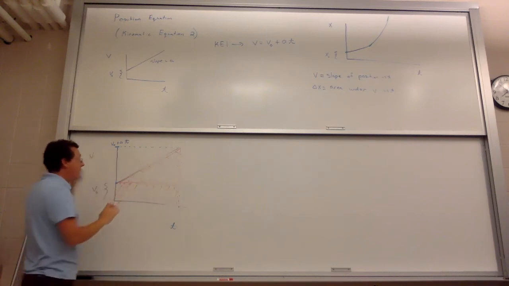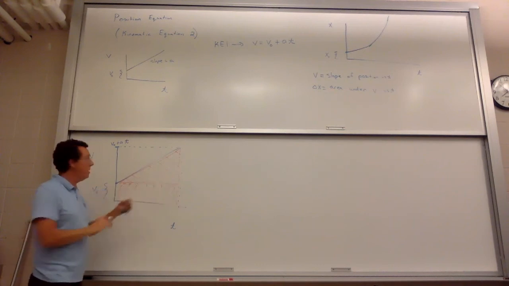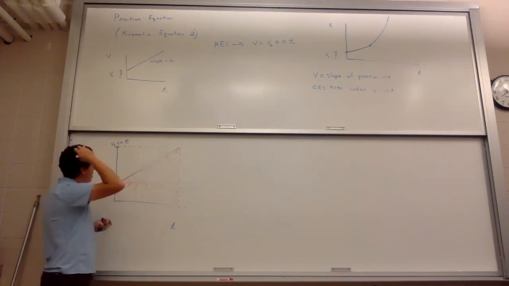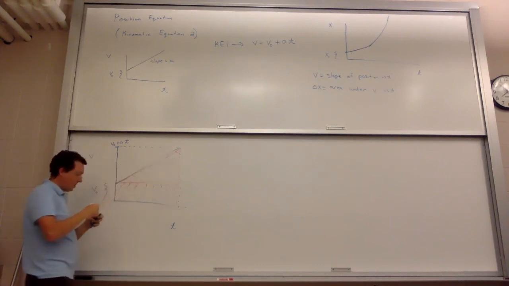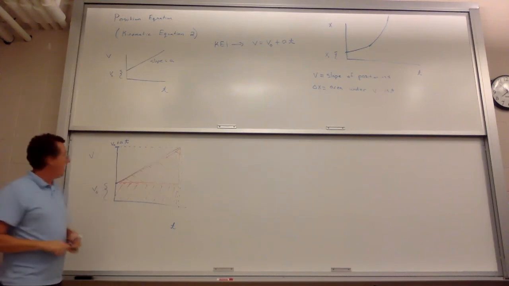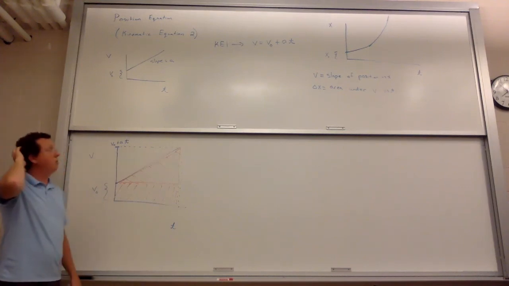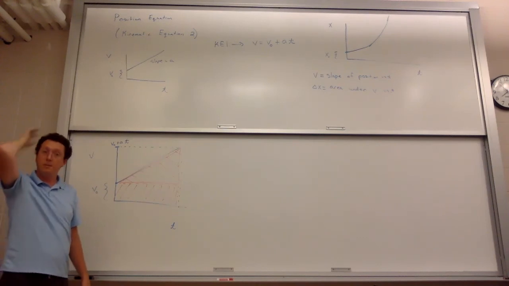If I add up the area of the rectangle and triangle, that gives me the area under the velocity versus time curve. And if I have that, I will know the change in position or the displacement.